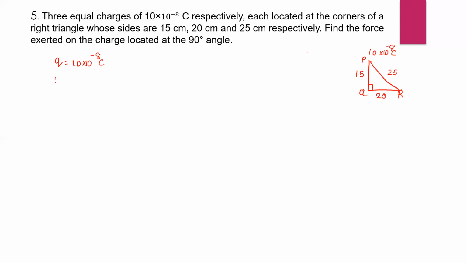We know that according to Coulomb's law, F is equal to K Q1 Q2 upon R square. Here Q1 and Q2 are equal, so we can write K Q square upon R square.